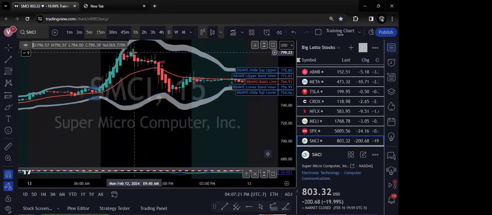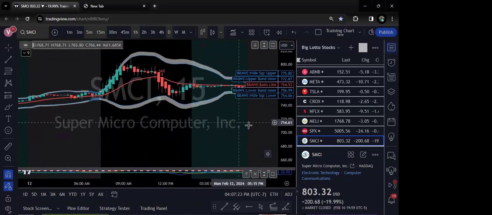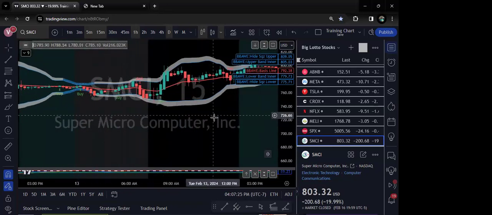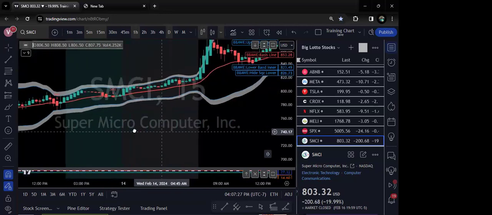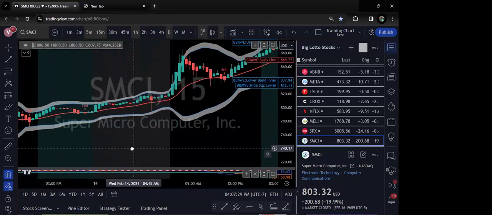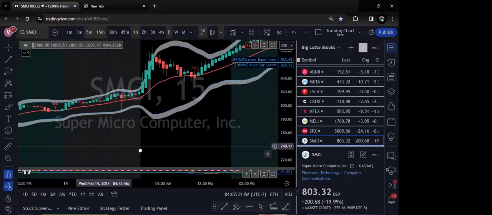We went up, came down. Then this day, you're looking for a double bottom or a higher low.